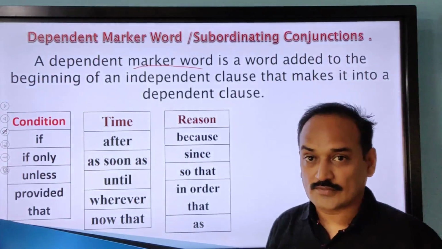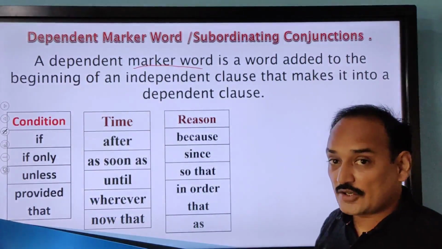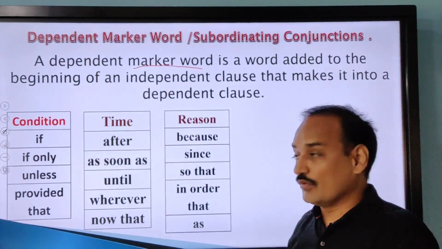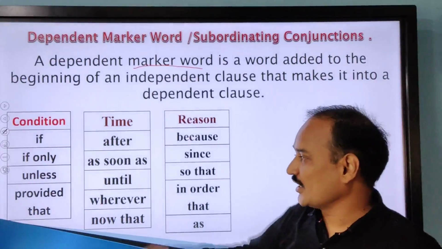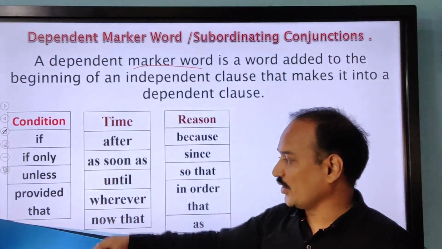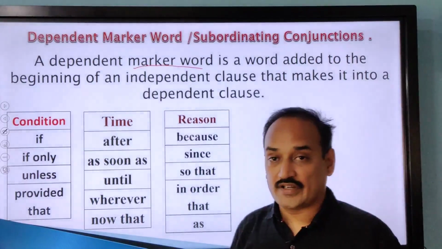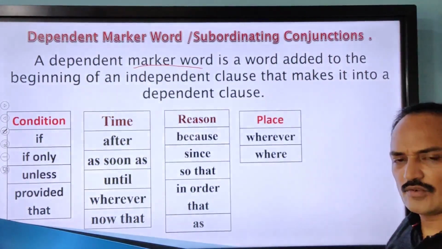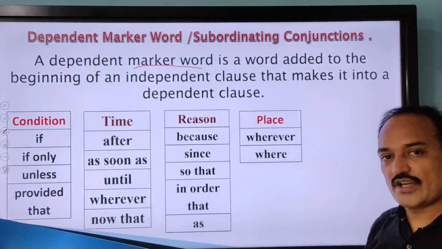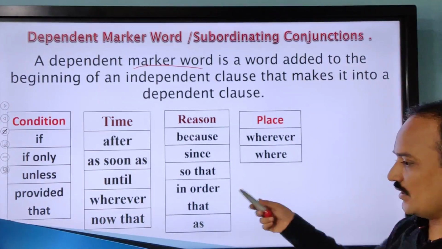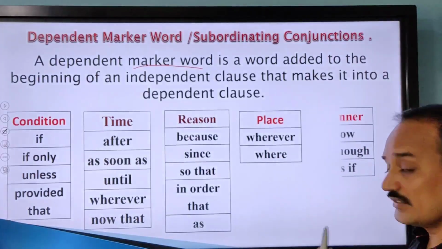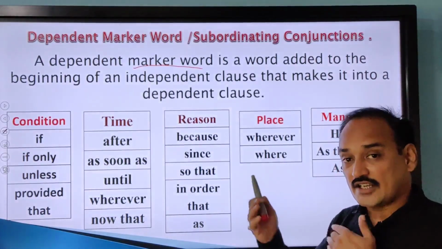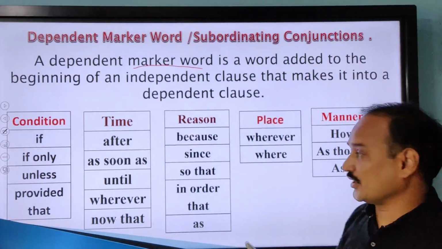Condition. As I said, for a dependent clause there is a condition. What kind of word creates that condition? It may be if, only if, unless, provided that. Next, place. Very easy. Where, wherever. If these conjunctions are there, then that independent clause turns into a dependent clause.